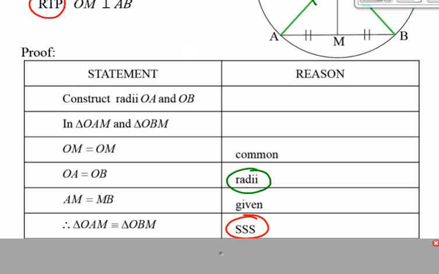That is side, side, side. So that chunk that we've just done is proving, so we need to prove triangles congruent. That's our chunk. Because it might be triangle PQR or XYZ, depending on how that triangle is labeled.